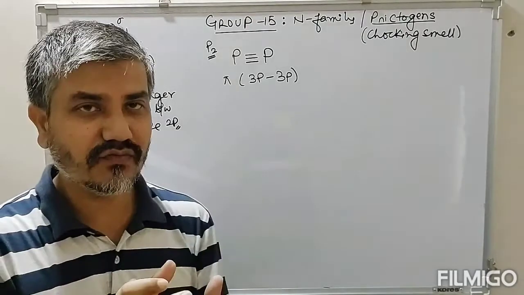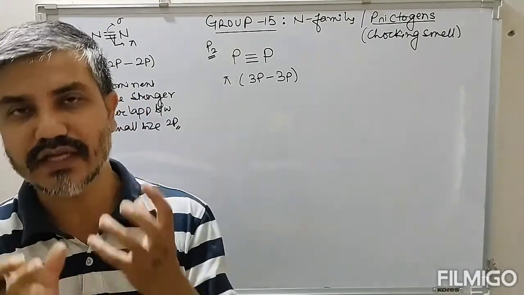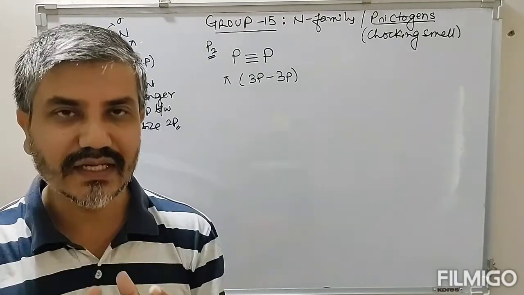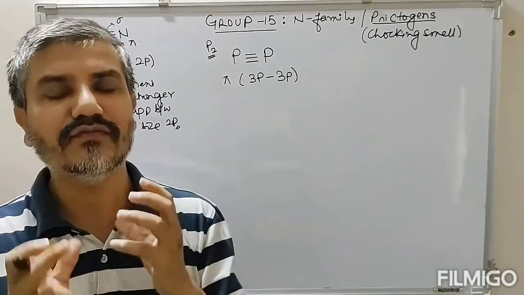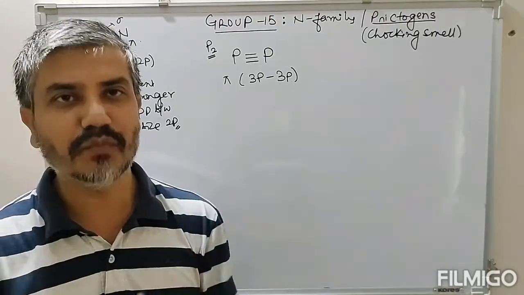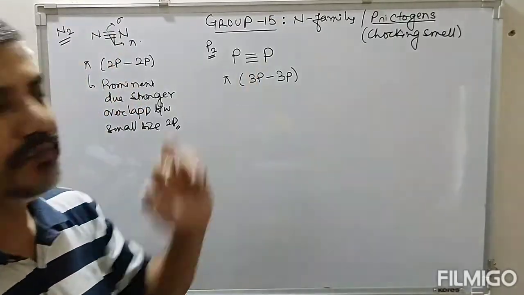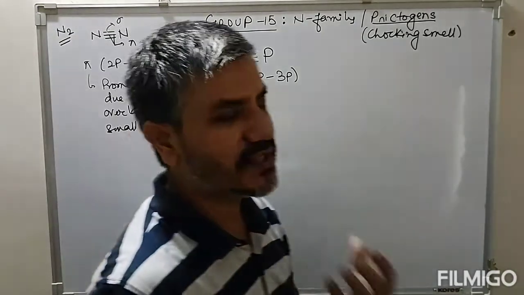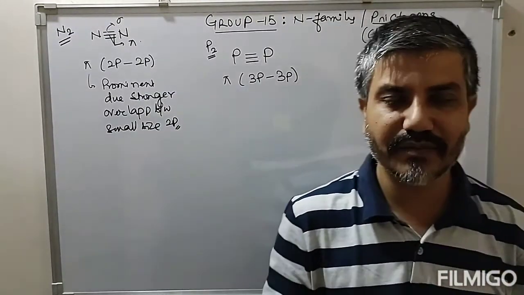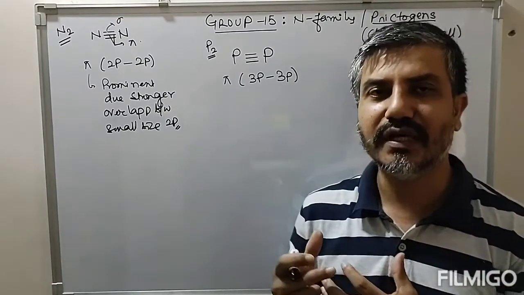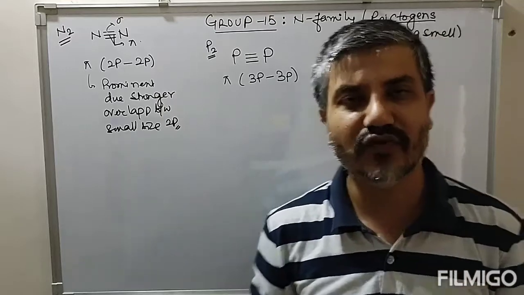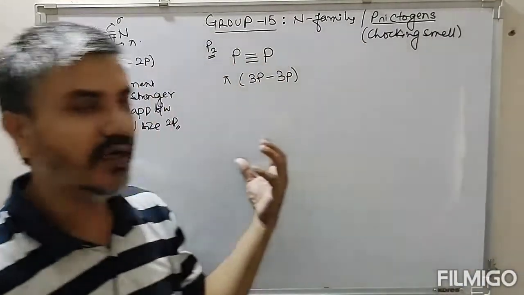As the extent of overlap between 3p and 3p orbitals is weak, the pi bond formation is less prominent in phosphorus. As the pi bond formation is less prominent due to the weak overlapping tendency of the 3p orbitals, P2 does not exist, or pi bond formation does not take place in phosphorus.